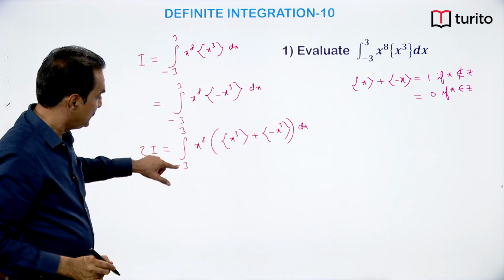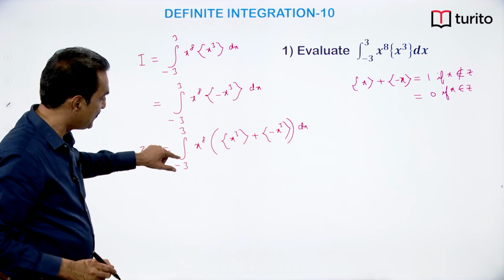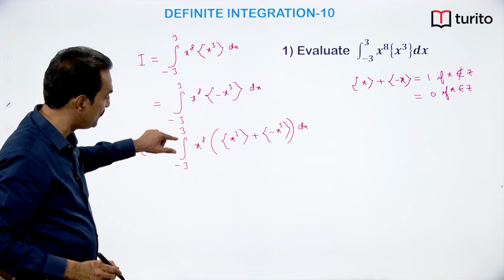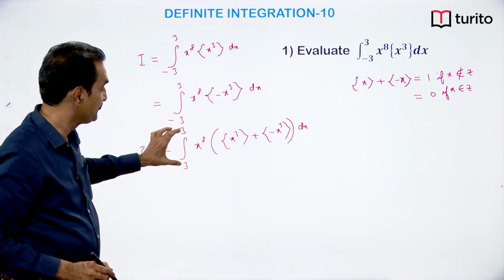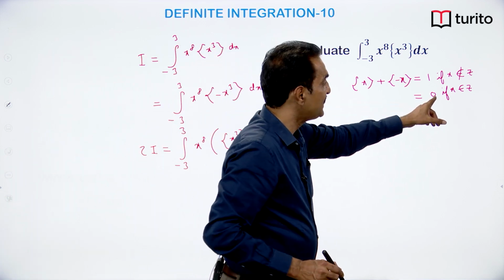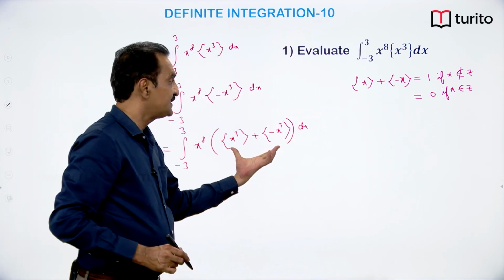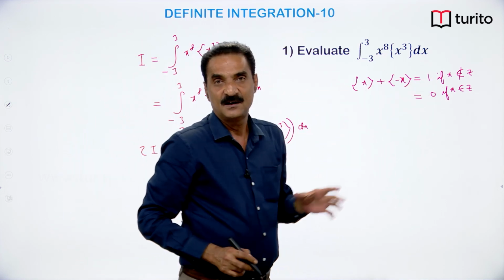Here, integers are there only at minus 2, minus 1, 0, 1, 2. There are a finite number of integers in this interval. At a finite number of points it is differently defined, equal to 0. At all remaining points, it is 1.